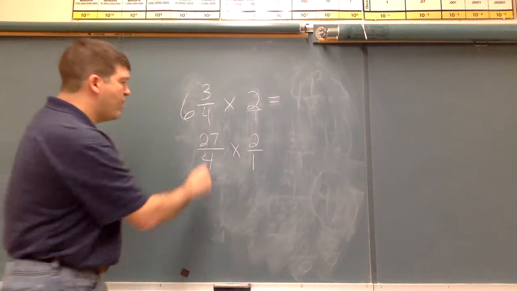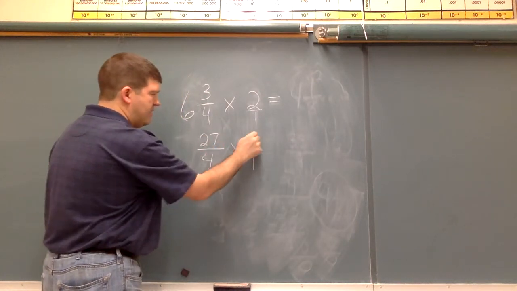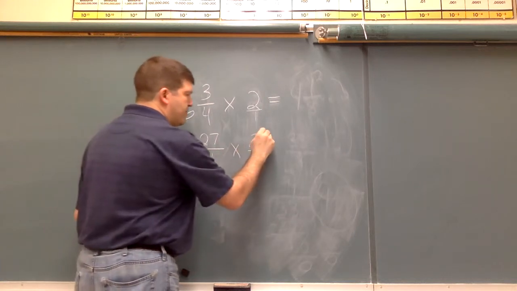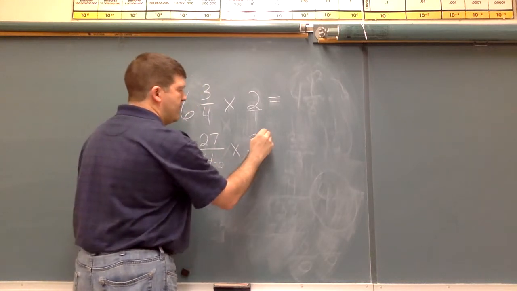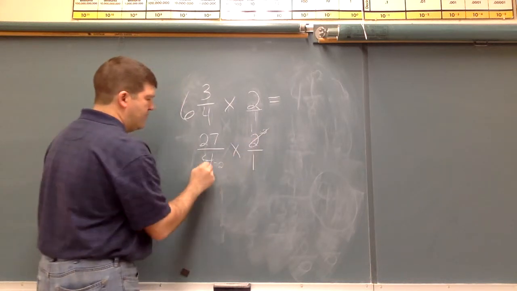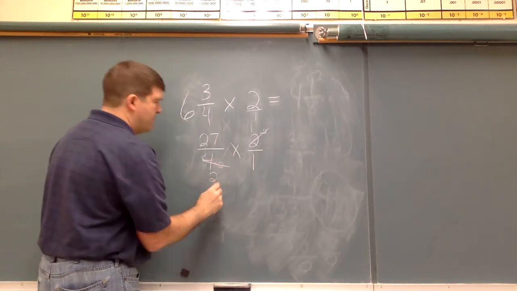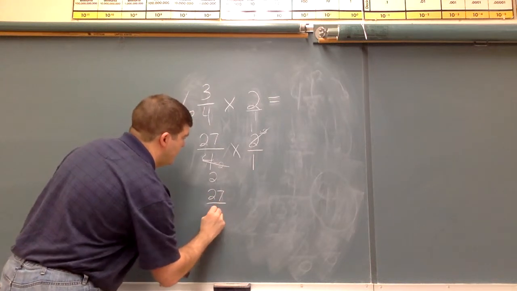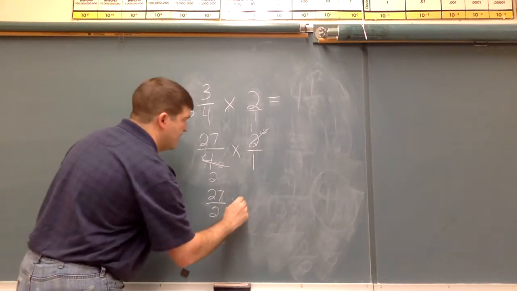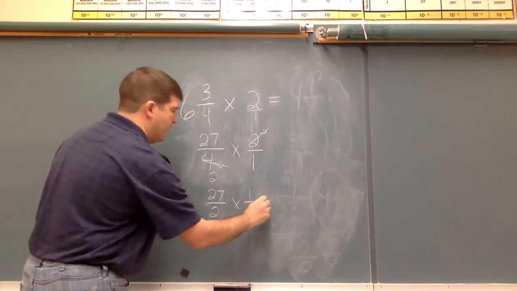Now as I'm looking at the cross, nothing here. Here, 2 goes into each of these. 2 divided by 2 is 1. 4 divided by 2 is 2. So I have 27 over 2 times 1 over 1.